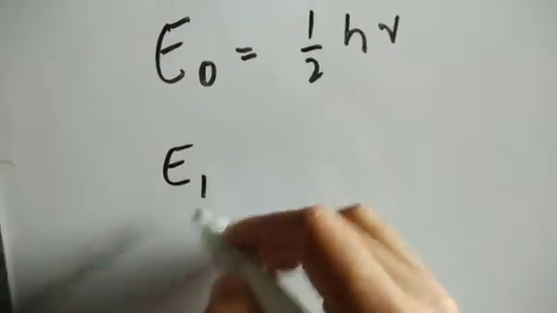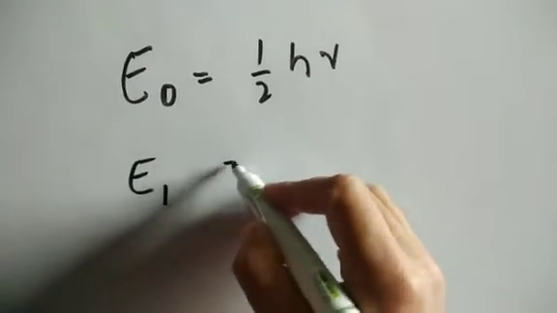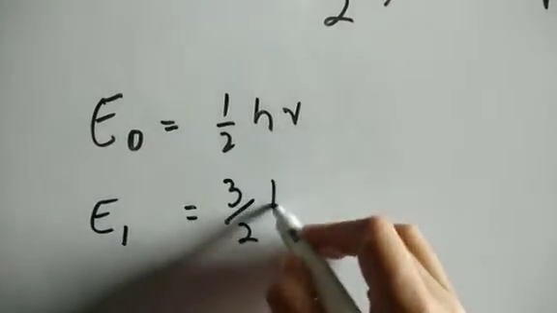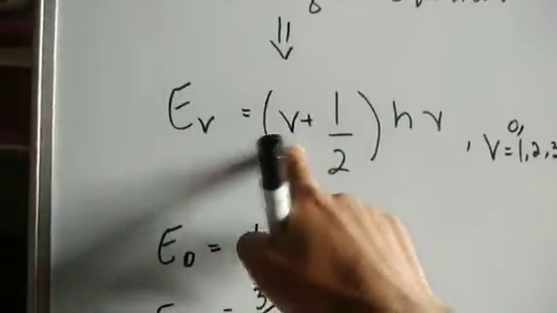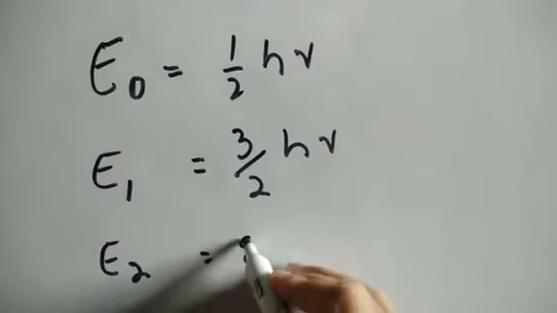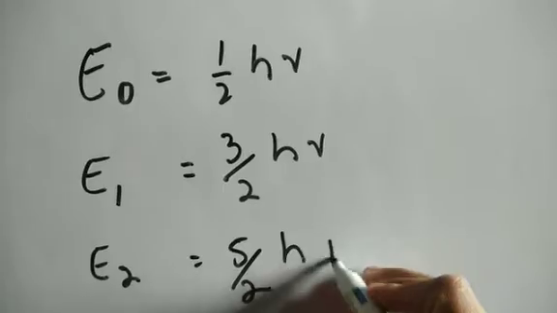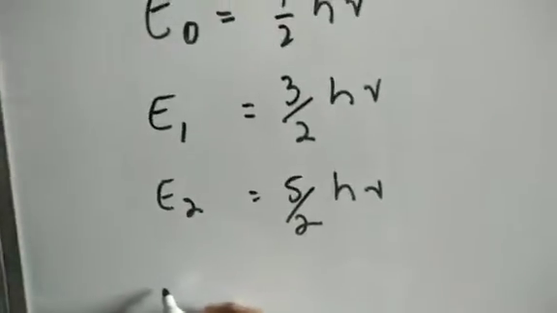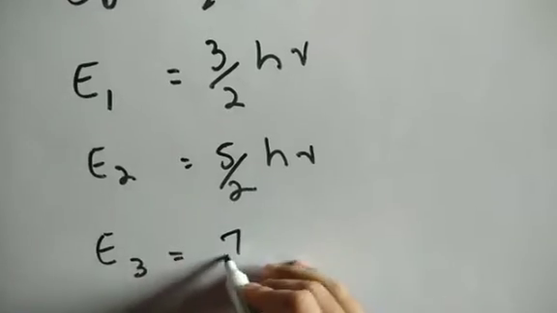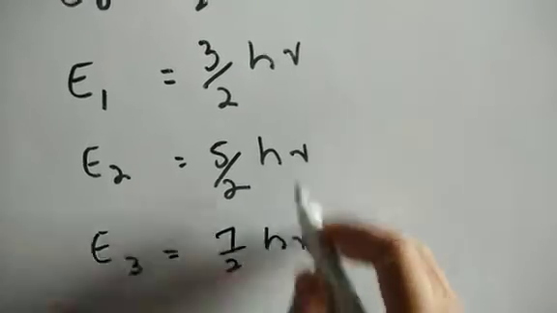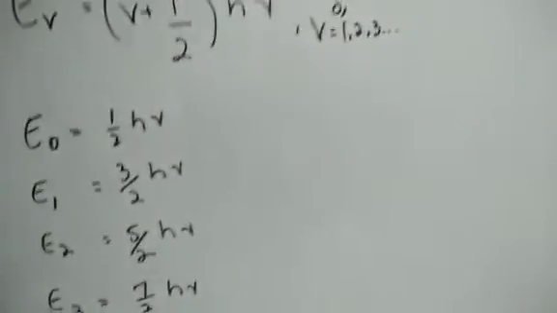For energy level 2, that means quantum state V equal to 1, it is 3 by 2 h nu. When you go to the E2 state, you put the value as 2, 2 plus 1 by 2, that's 5 by 2. For E3, it is 7 by 2. In this way you can calculate the energy of a molecule.